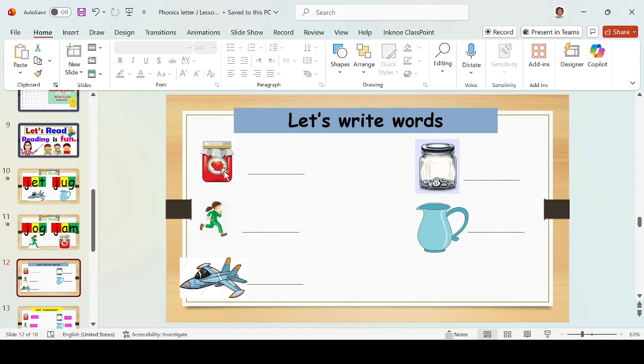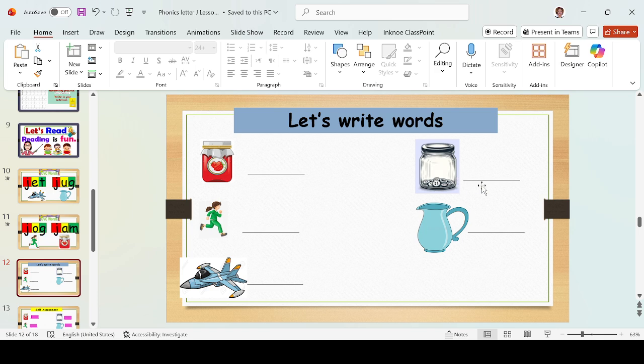So for this one, it's jam. J, A, M, jam. Can you write the word? And this one is our surprise. We have a jar. This is a jar, a jar with some buttons.